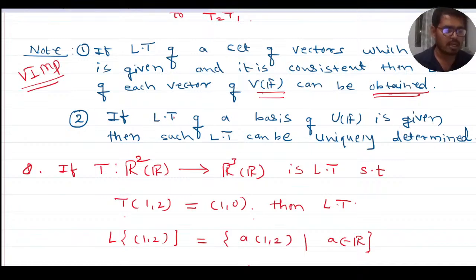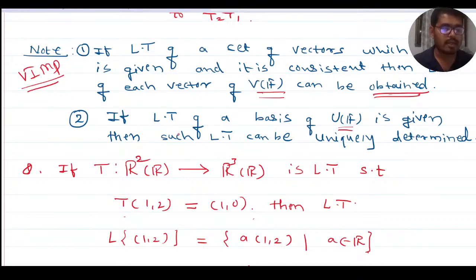I will give you an example of this later. Next, if the linear transformation of a basis of U of F is given, suppose they give you the images of the basis, then that linear transformation is uniquely determined.